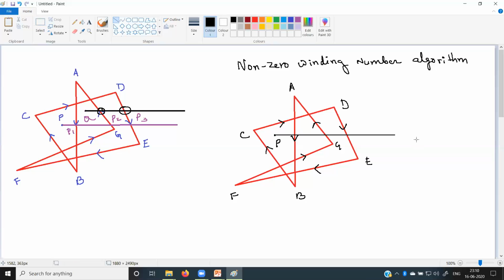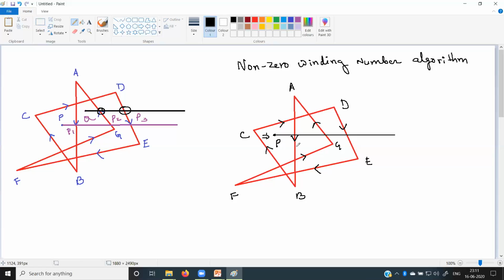Now this straight line crosses the edges of the polygon. Suppose your eye is at the point P, that means you are looking from this direction.